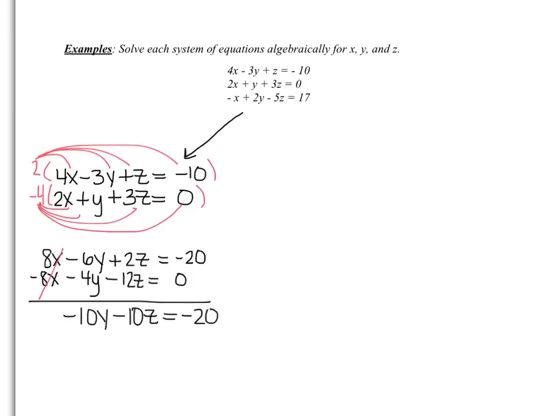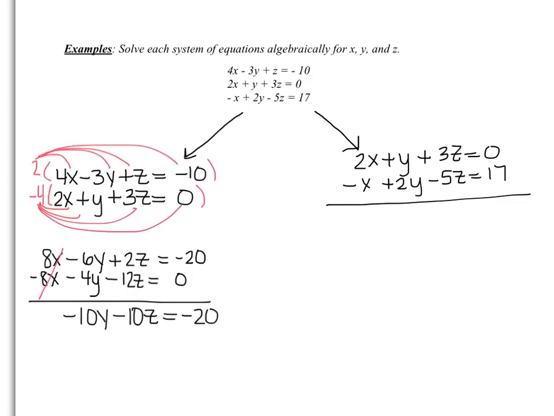Now what we're going to do is take the last two equations and write them to the right over here. So we're going to take 2x plus y plus 3z equals 0, and negative x plus 2y minus 5z equals 17. And we're going to solve this system.